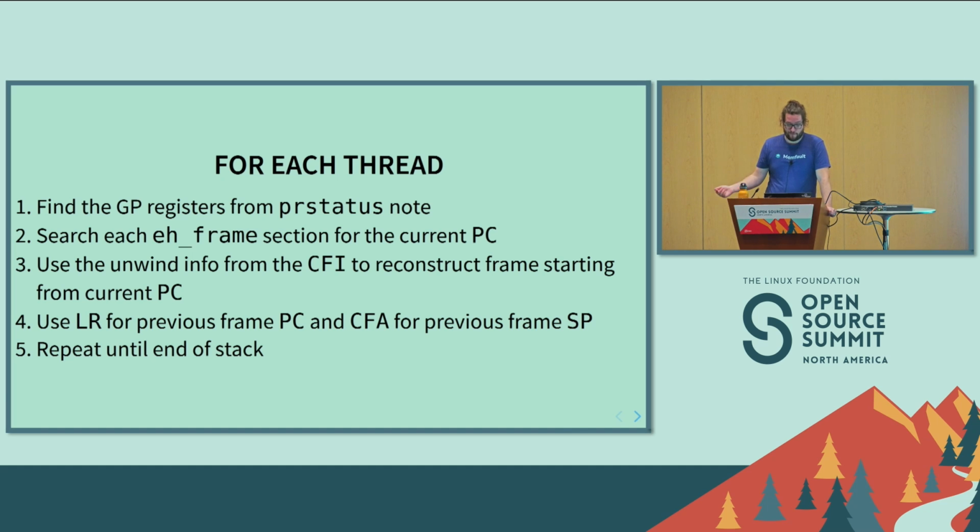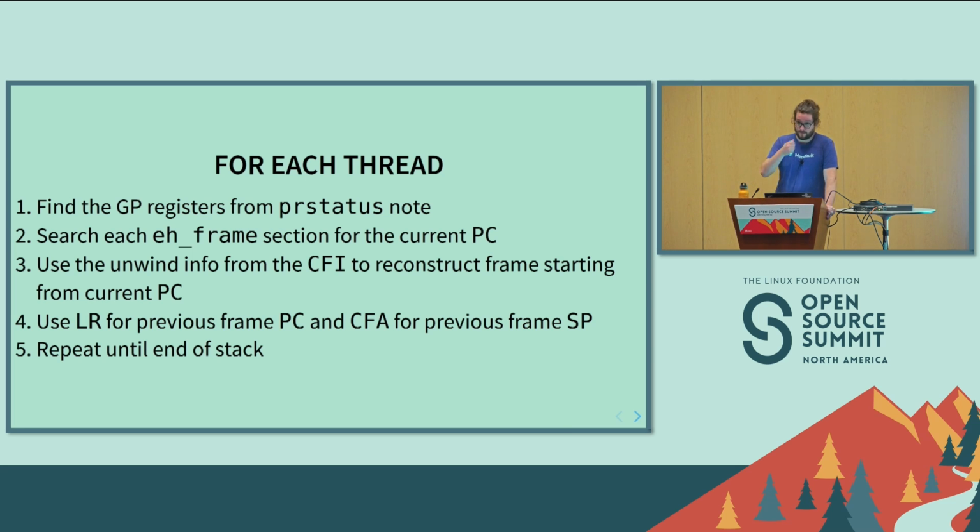And we use that for the PC for the previous frame. And then we also use the canonical frame address as the SP, the stack pointer for the previous frame. If you think about how that's stacked, I probably should have a picture here, the frame address is really going to be the stack pointer for the previous frame because that's where that stack frame ended. And we'll just keep repeating that until we get to the end of the stack.